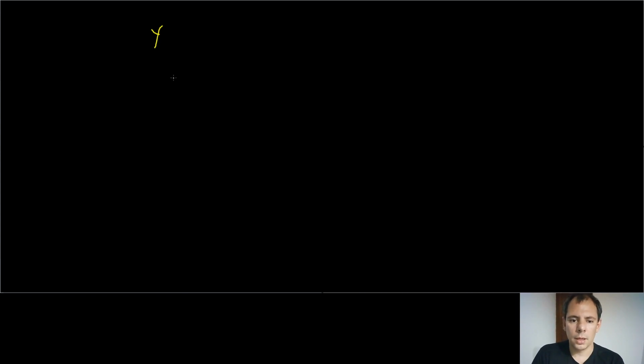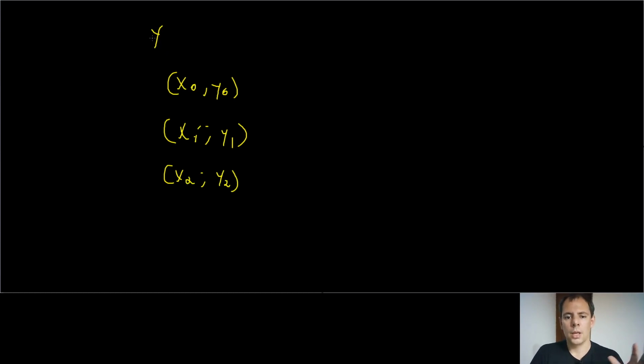But you're going to start with an initial point like x0, y0, and from here you're going to get an x1 and a y1, and from here you're going to get an x2 and a y2. So you're not going to get this equation, but you're going to get all the points that are close to the equation. How close? It depends on the step.